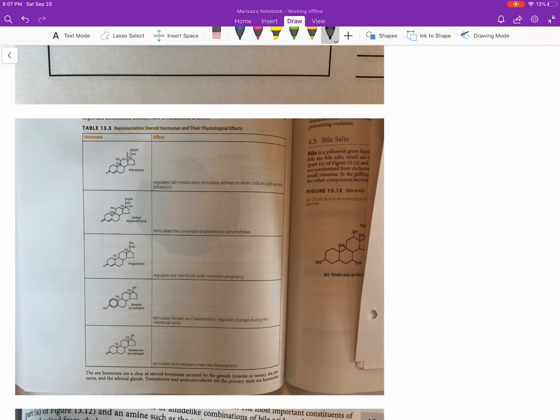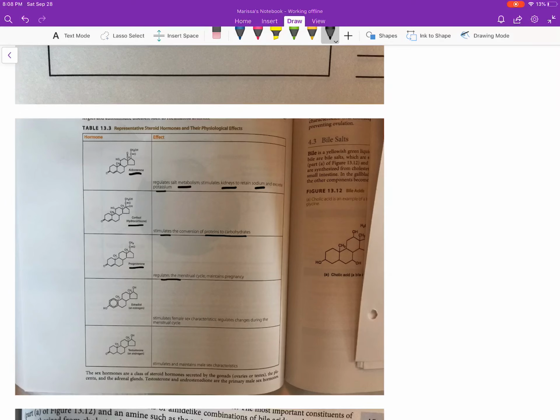All right, so what are some of the important steroid hormones? We talked about aldosterone, which regulates salt metabolism, stimulates your kidneys to retain sodium and excrete potassium, so it helps maintain that electrolytic balance between sodium and potassium. Cortisol, which is hydrocortisone, stimulates the conversion of proteins to carbohydrates, which is an important part of energy metabolism.